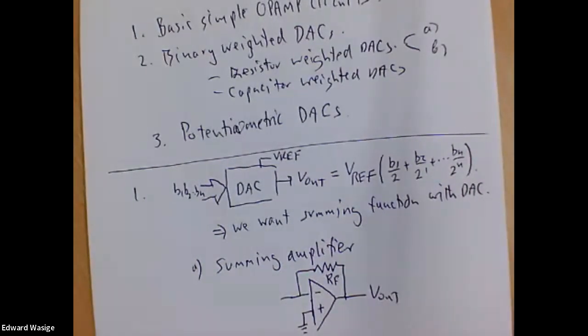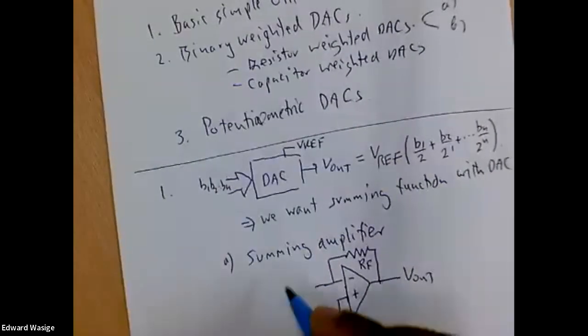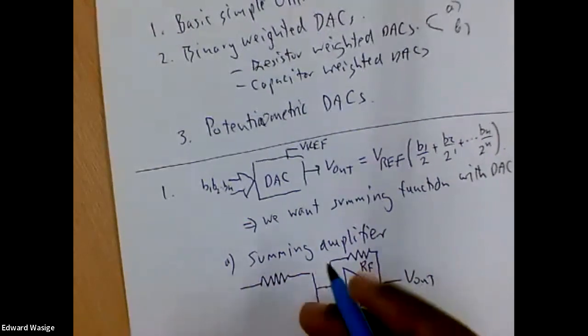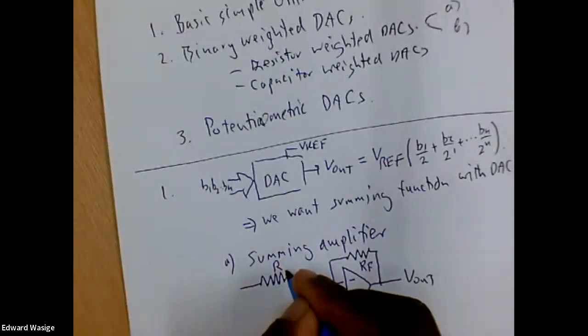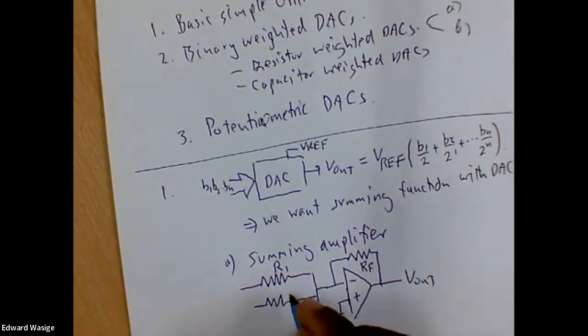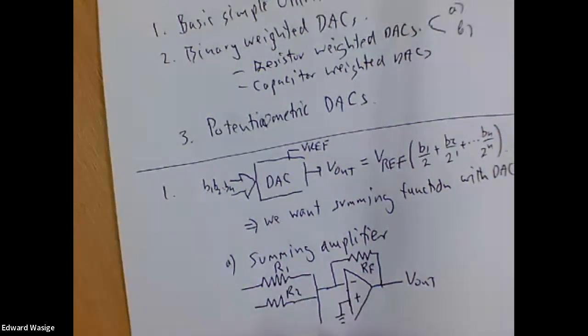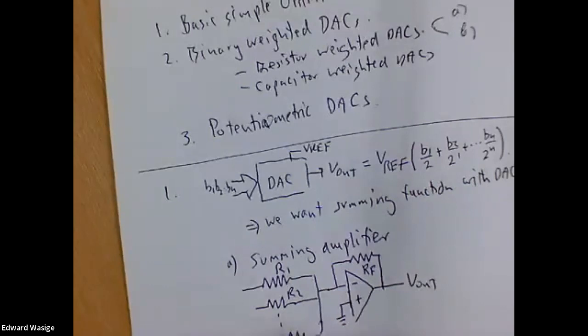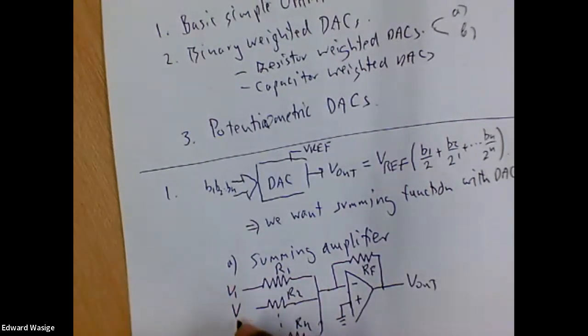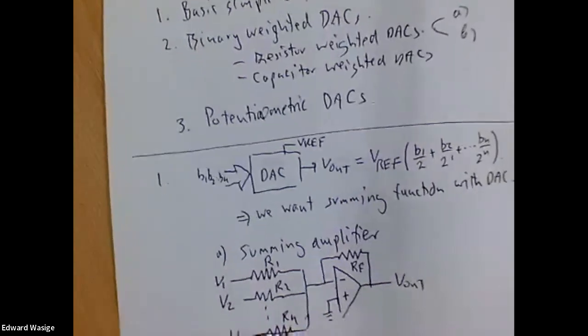And to generate a summing amplifier, we can have a resistor R1 there, R2, there could be other resistors there, Rn, and if this is V1, V2, and that's Vn.